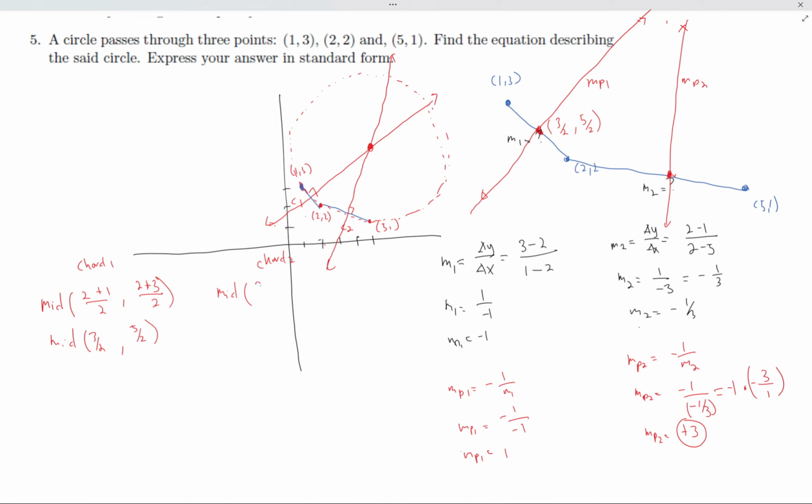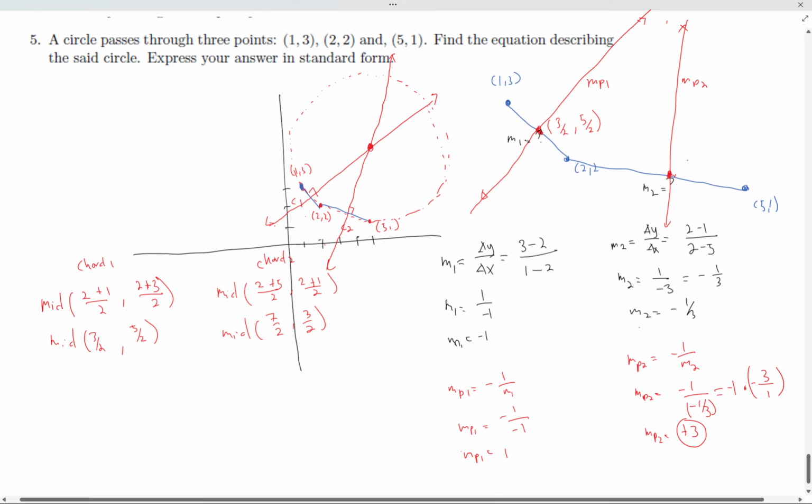We have 2 plus 5 over 2, and 2 plus 1 over 2. So the midpoint must be at 7 over 2 for x, and 3 over 2 for y. So the location of this is at 7 over 2, 3 over 2.